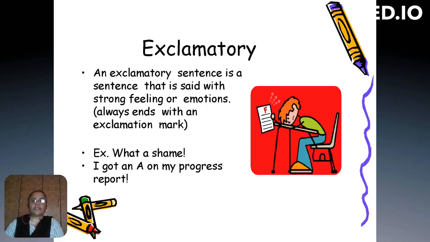As you see in the two sentences given here, what a shame. Oh my God, I got an E on my progress report. So even with the help of the exclamation mark, the people will be able to guess what is the feeling or the emotion that is associated with it.